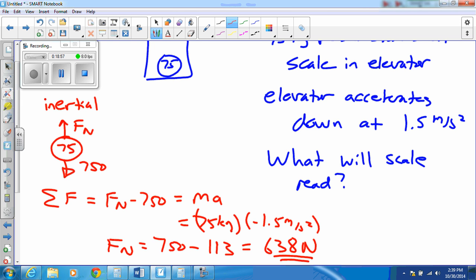If we cut the cable, what will the acceleration of the elevator be? What number? No, it would be greater. If we cut the cable on the elevator, what will its acceleration be? Negative 9.8 meters per second squared. What would the scale read in that case? Nope.